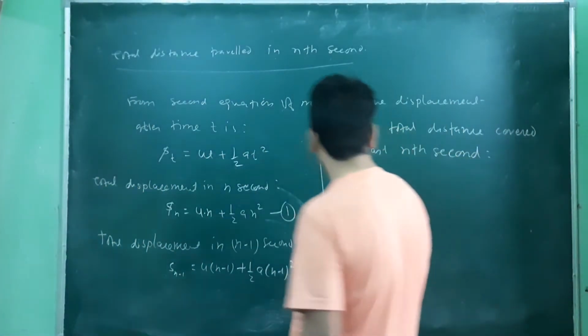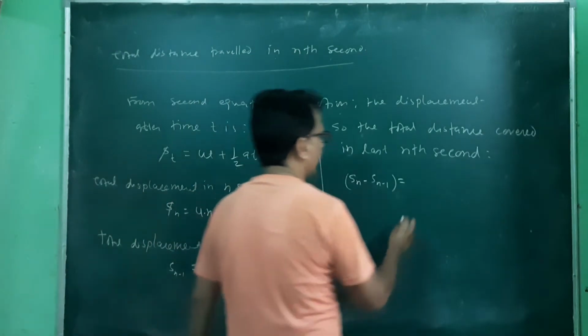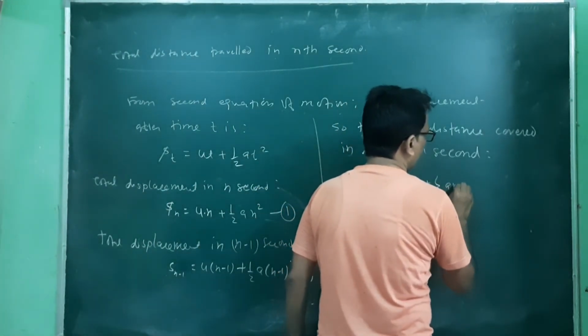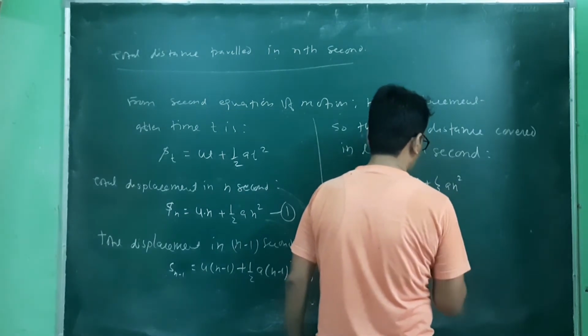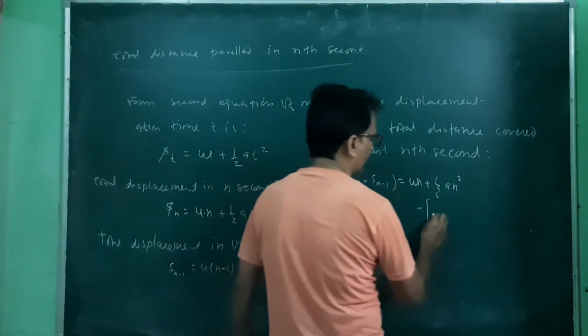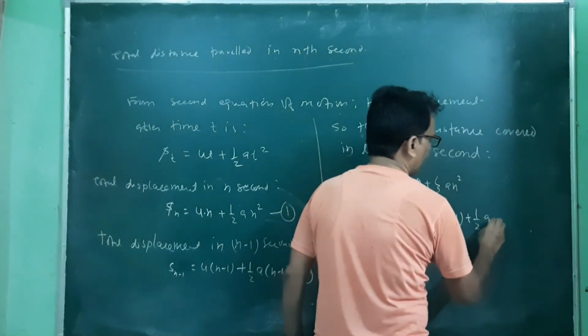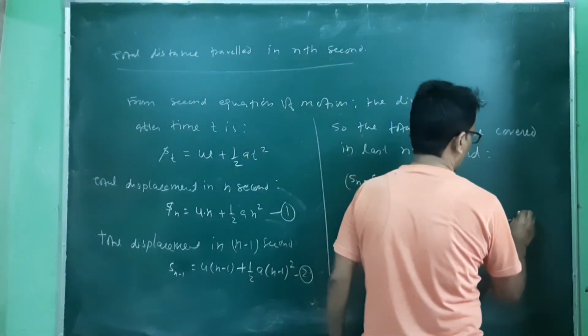So this will be un plus half a n square minus u(n minus 1) plus half a(n minus 1) square.